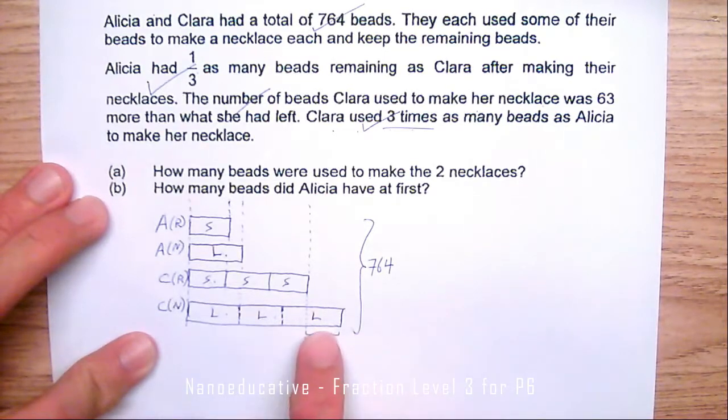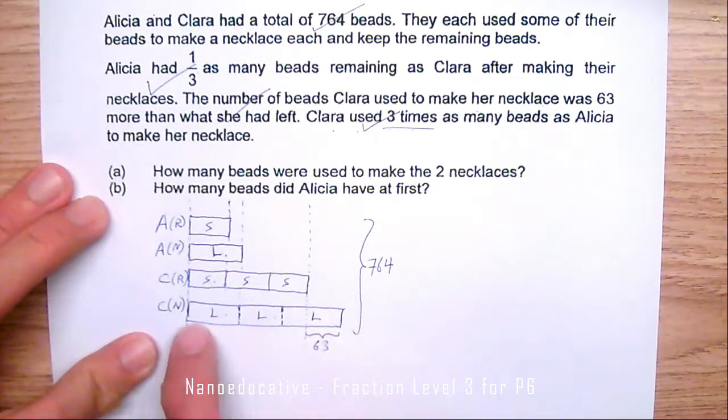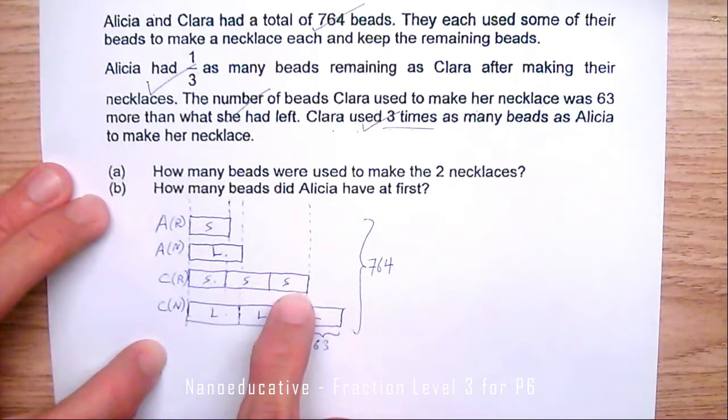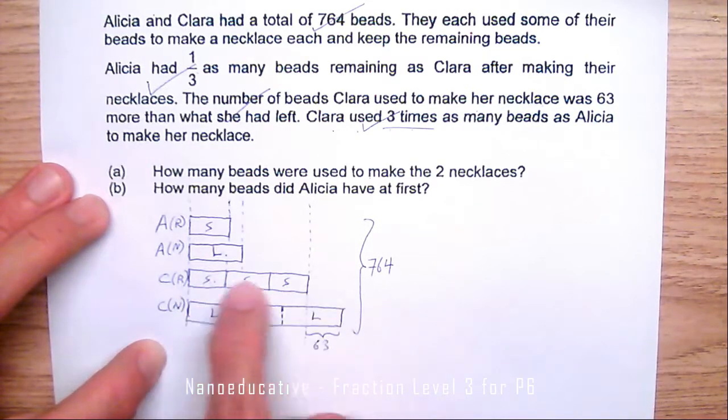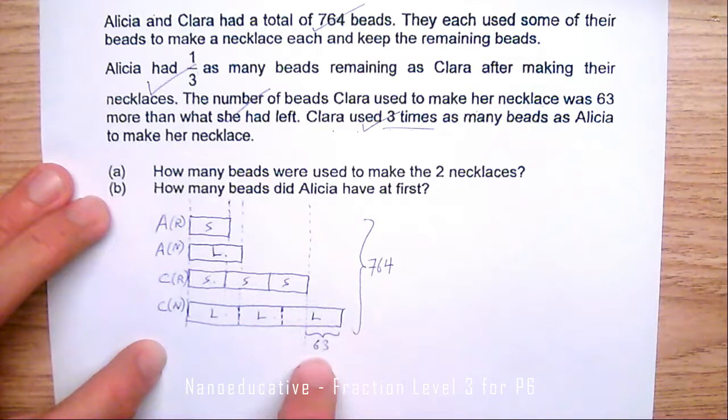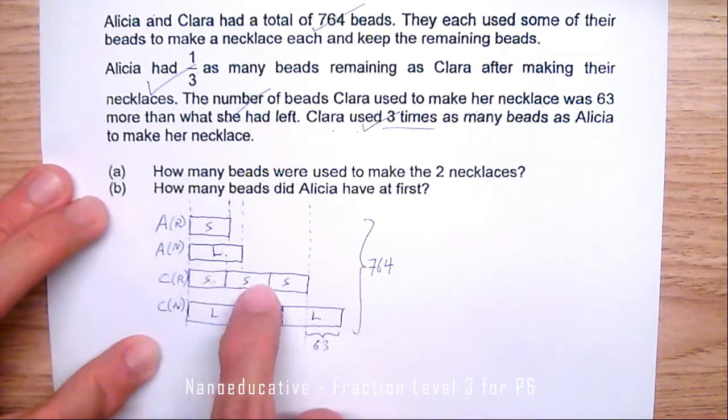Now, do you realize that this entire thing, L plus L plus L, is 63 more than S plus S plus S? Only with a model can you actually see this. I know that 3L together is 63 more than 3S.